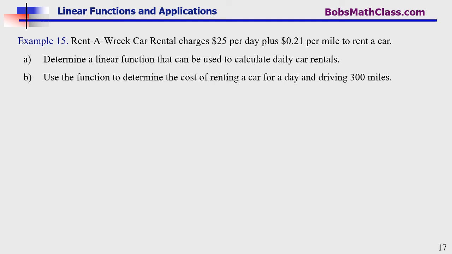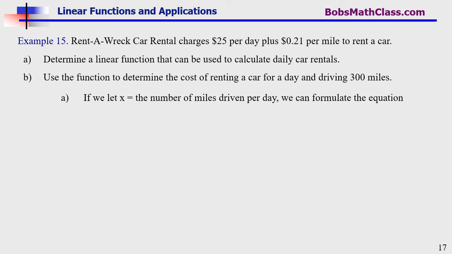All right, so what would that function be? Again, they're going to charge you $25 plus, and then 0.21 times the number of miles. So that would be our x. So x is the number of miles driven per day. So hopefully you got the equation. This would be our equation. F of x equals 25 plus 0.21x.